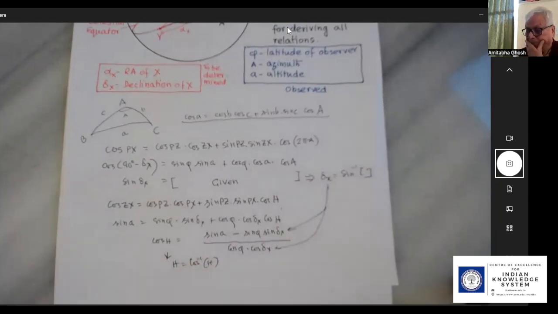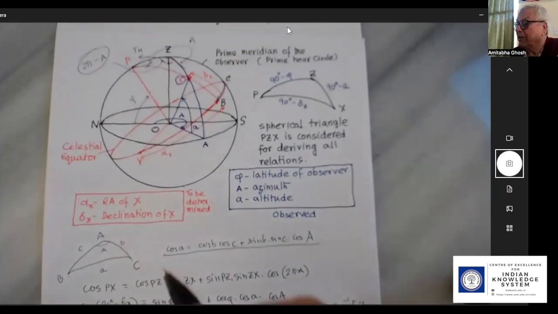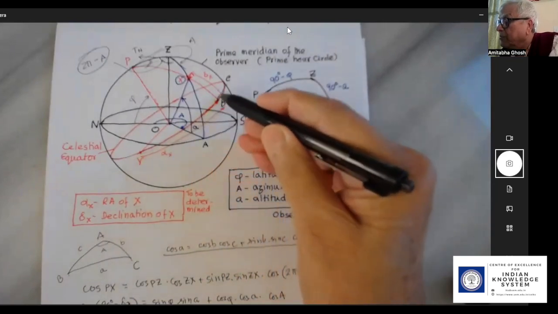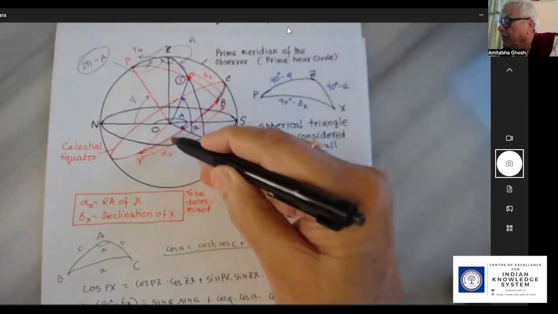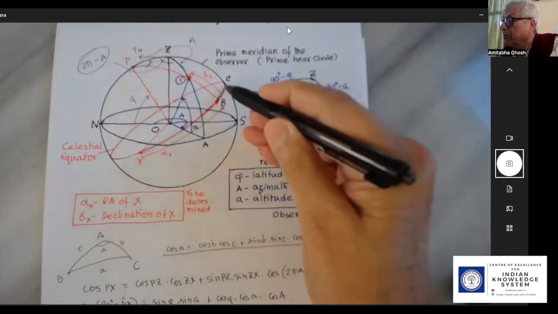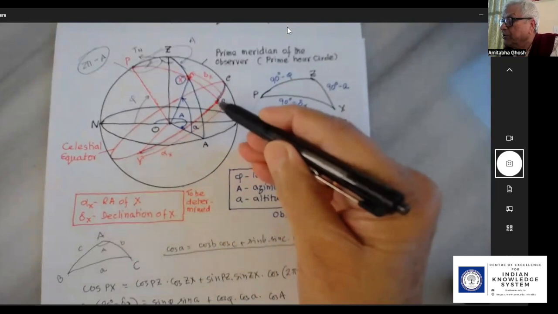Now, once you get the h, how to find out the right ascension of this? As I mentioned, what is the right ascension of the observer? This is the right ascension of the observer from the reference point along the equator, celestial. And what is the right ascension of the object? Is this one.